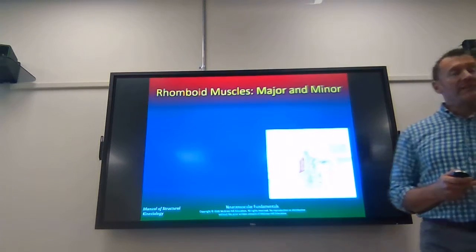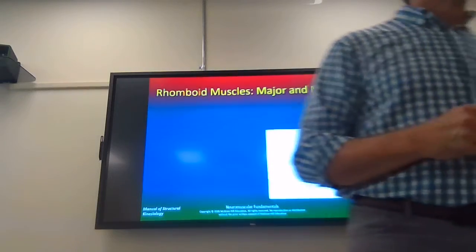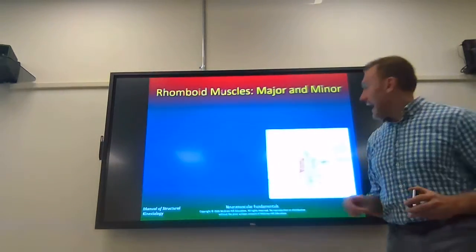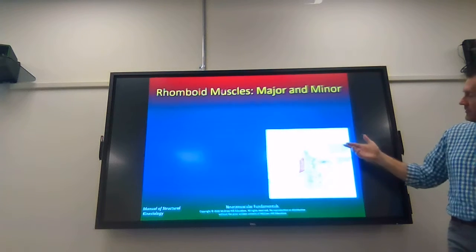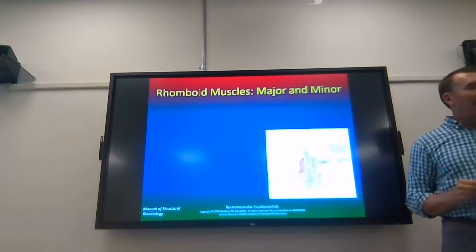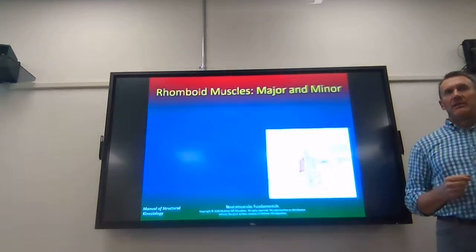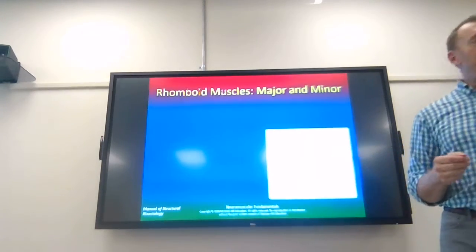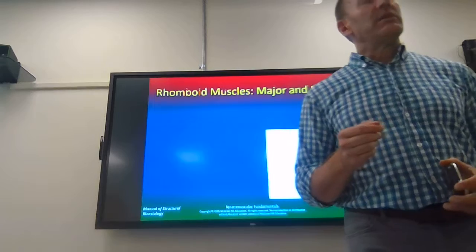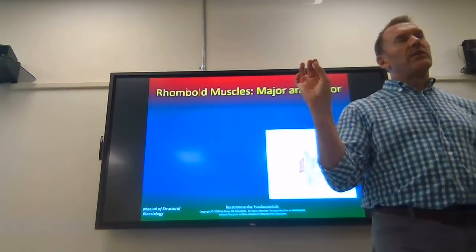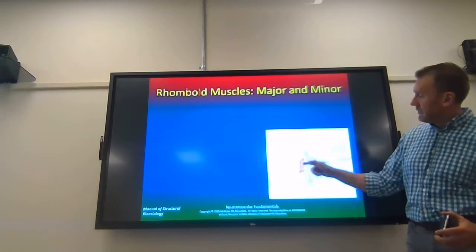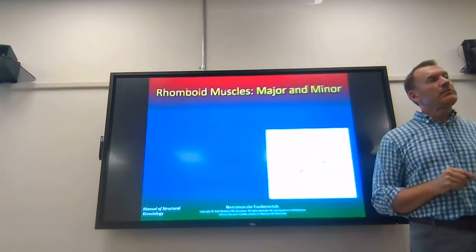Okay, so rhomboids, can you identify the origin? Yeah, somewhere on the axial skeleton, right here. So it says right here, spinous processes, the 7th cervical, first 5 thoracic. So it looks a lot like the middle trapezius. Middle trapezius is more horizontal, whereas this is angled upward a little bit.